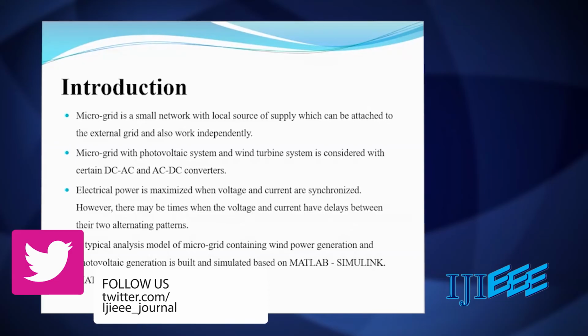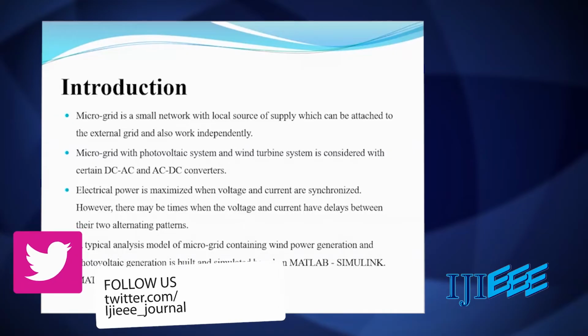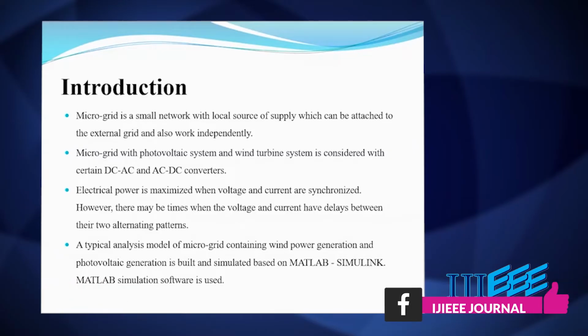However, there may be times when voltage and currents have delays between their two alternating patterns. Here, a typical analysis model of a microgrid containing wind power generation and photovoltaic generation is built and simulated based on the MATLAB Simulink software.